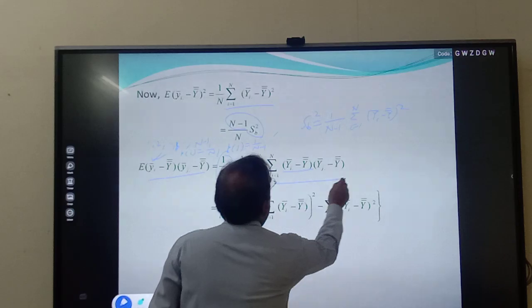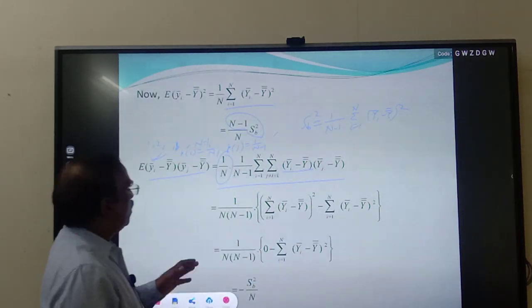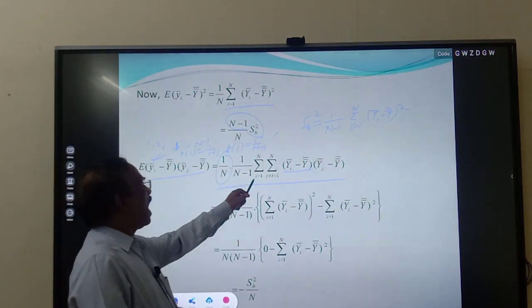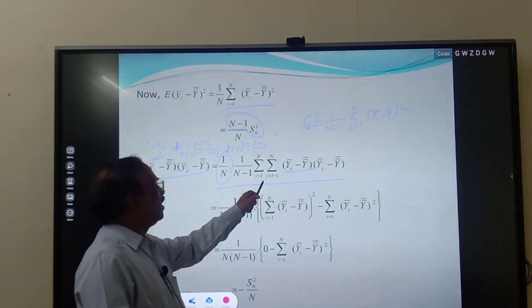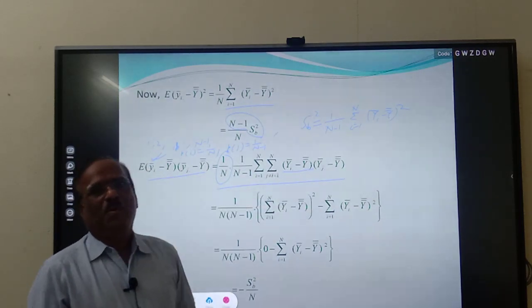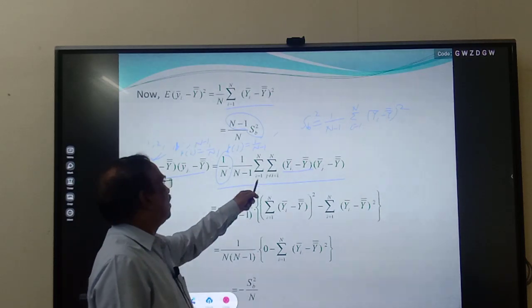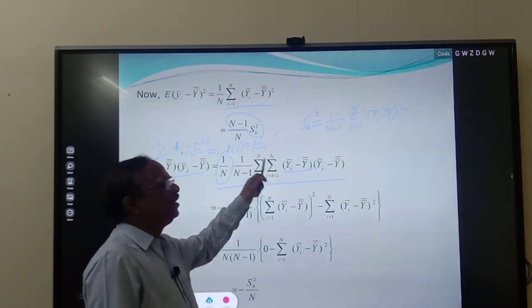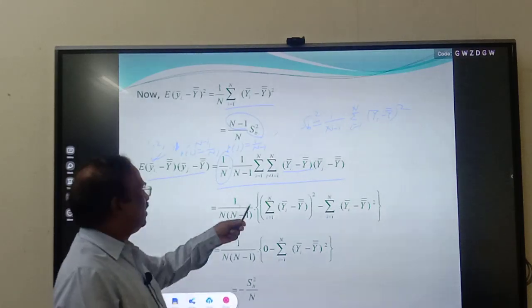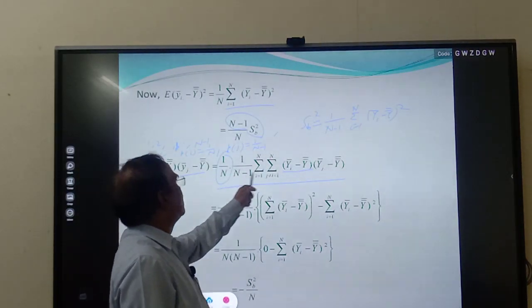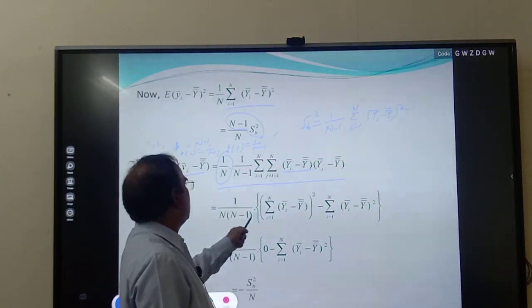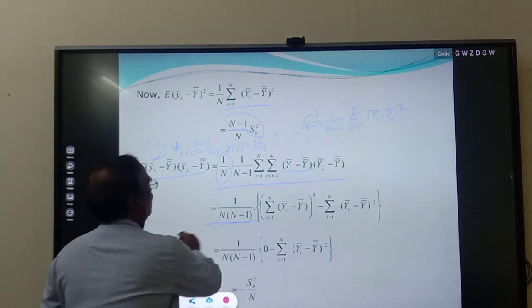Now the summation is i goes from 1 to n, and here j not equal to i goes from 1 to n. So we rearrange the terms in this way. We first put j equal to i. So when j is equal to i, this term comes, you consider this one out.